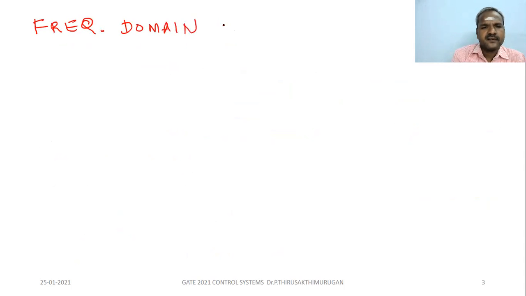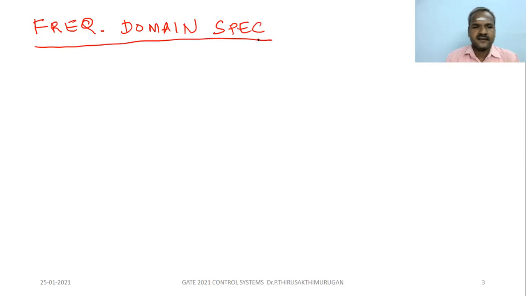Similarly, there are some frequency domain specifications. What are the frequency domain specifications? The very basic is gain margin. What is gain margin?